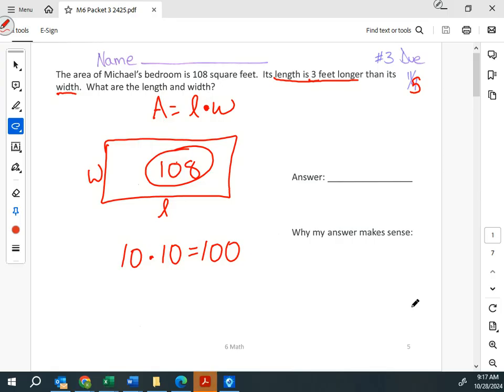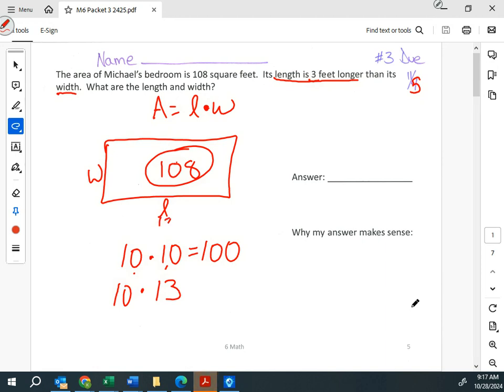So I'm going to use that to see how close I can get to 108, but these two numbers need to be 3 apart from each other. So I know it's going to be close to 10s, because 100 is close to 108. So I might think to myself, what about 10 times 13? Because those are 3 apart.